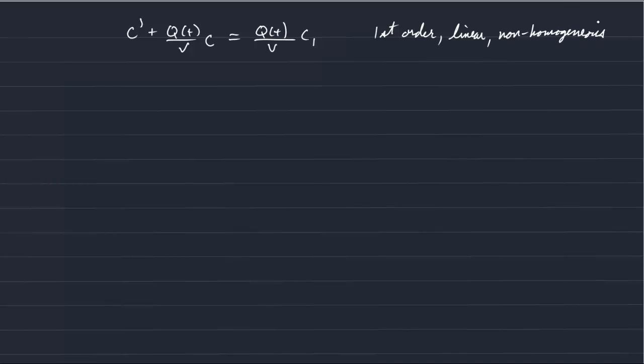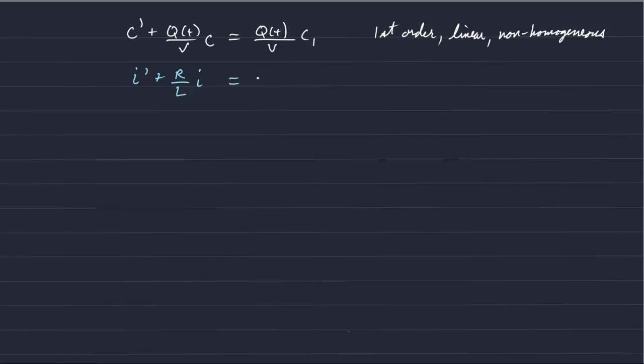And in fact, you might recognize that the form of this equation is the same as the form of our electrical circuit equation. So remember, we had the rate change in the current, which I'll write as I prime, plus R over L, the coefficient on the current, which in this case was constant. In the above case, it could vary depending on the in and out flux.